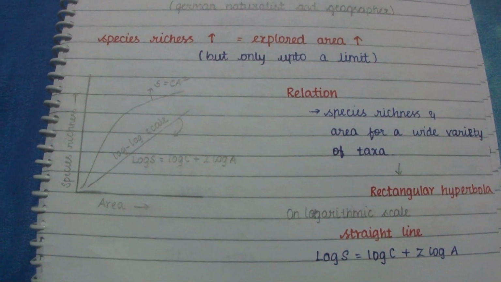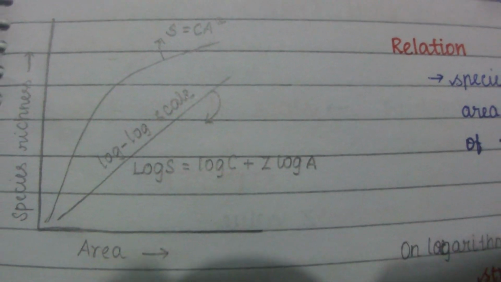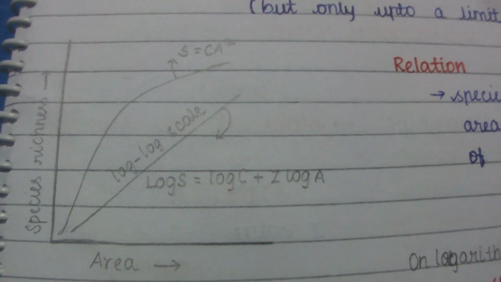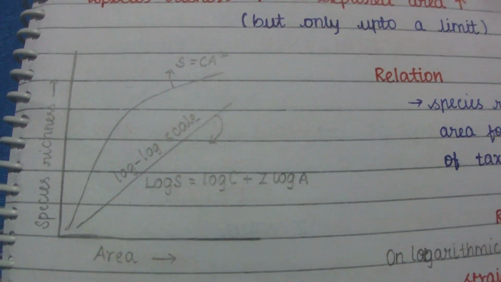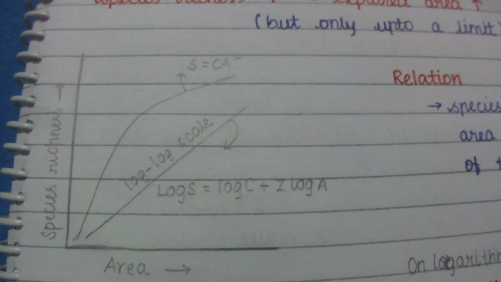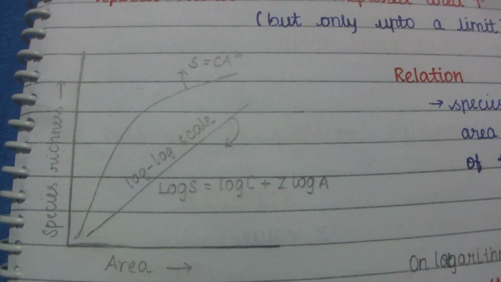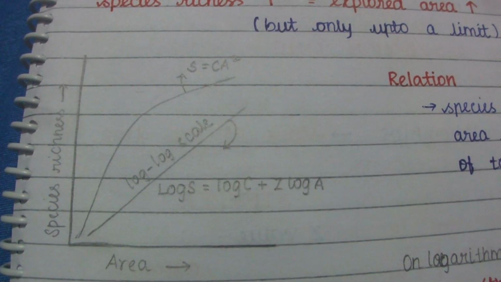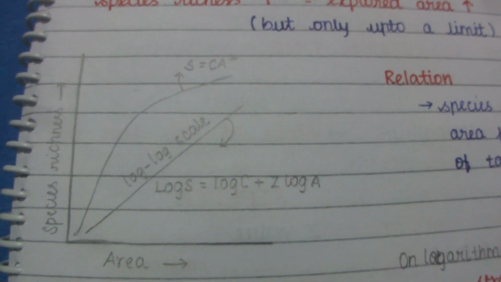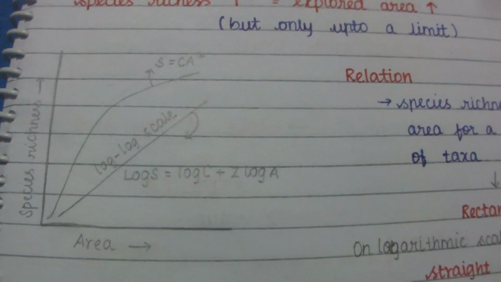That is described by the equation log S equals log C plus Z log A, where S is the species richness, A is the area, Z is the slope of the line, that is the regression coefficient, and C is the y-intercept.